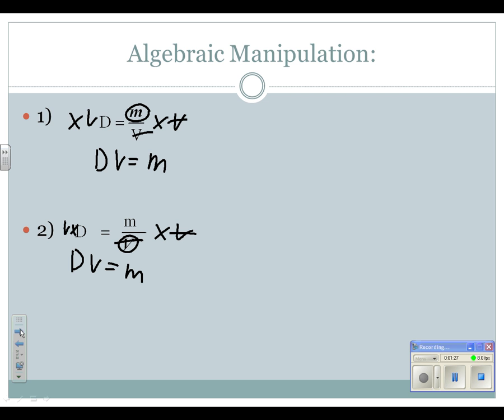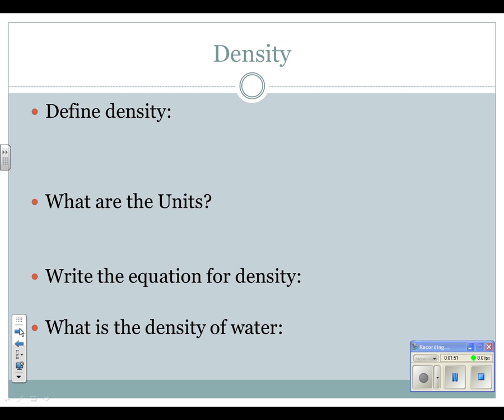But now we still have to isolate the V. So we see that D here is multiplied, so now we're going to do the opposite and divide out the D on each side. The D's cancel on this side. You get V equals M over D. So there's your quick review. Just always do the opposite and always move the denominator over first. You'll be all right.